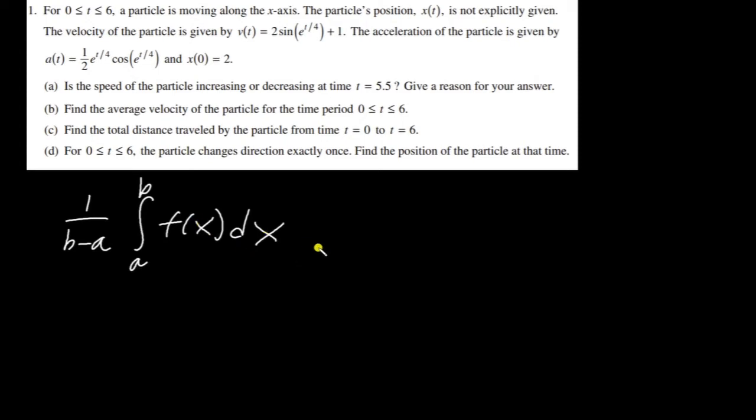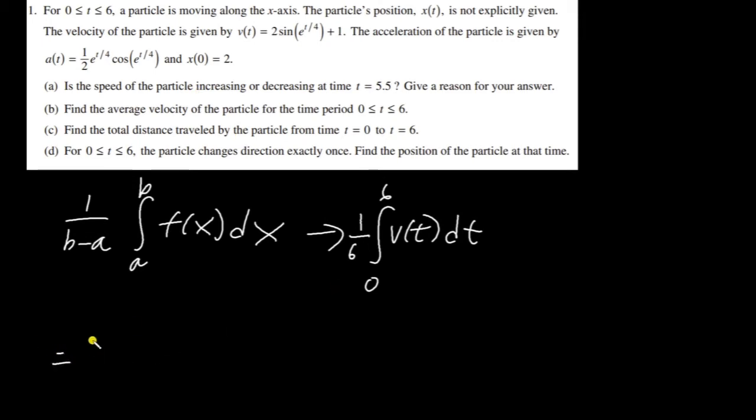Okay, so in this case, all we have to do is plug in our stuff. We're going from 0 to 6, right? And it's going to be 1 over 6 minus 0, so 1 over 6 times the integral from 0 to 6 of the velocity, because we want to find the average velocity, right?